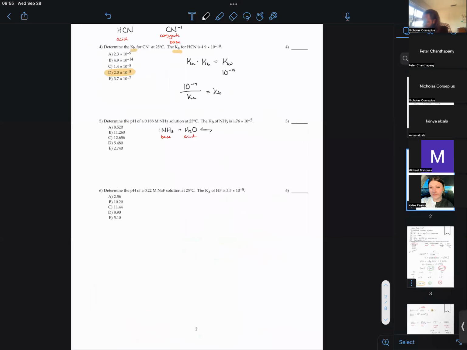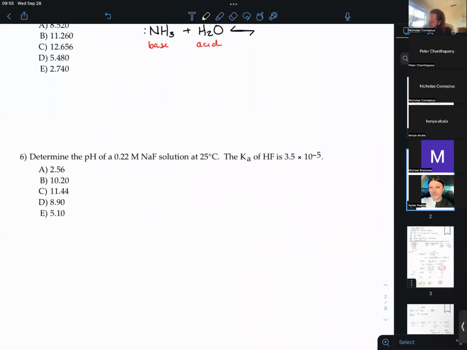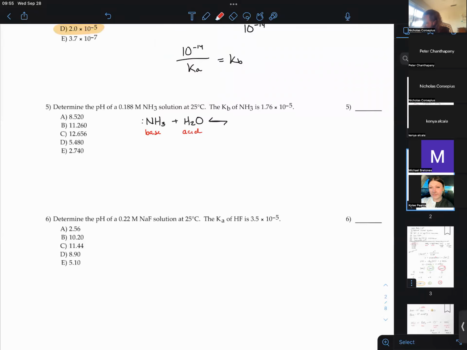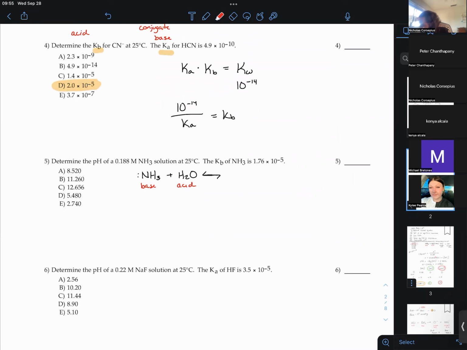So then this last one, I'm going to leave for y'all to do on your own. I just want to take a note about the whole shtick here. Notice here it gave you your Ka, but it's asking for the pH of what's going to be a weak base, right? The fluoride ion is going to be playing the role of a weak base.